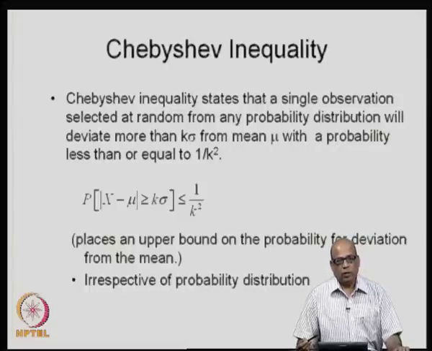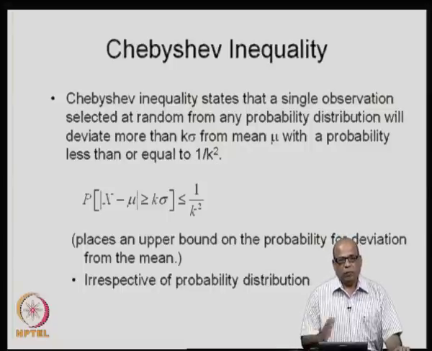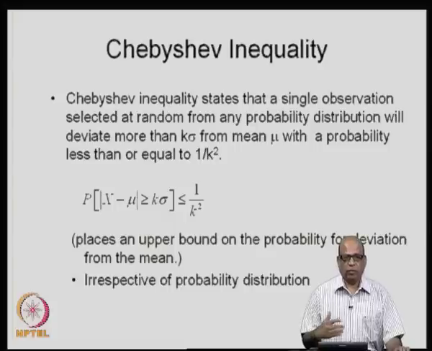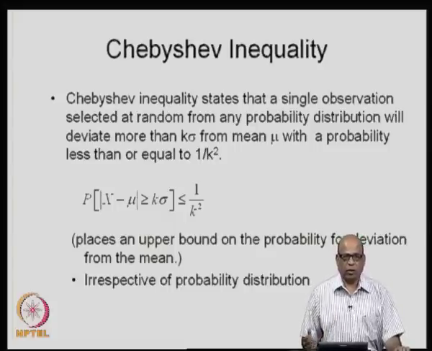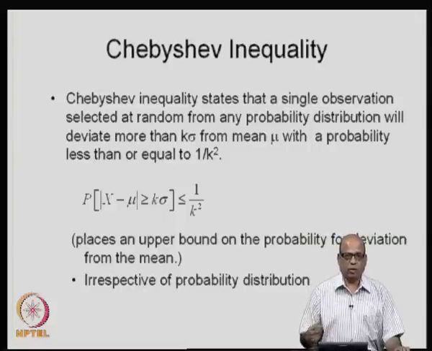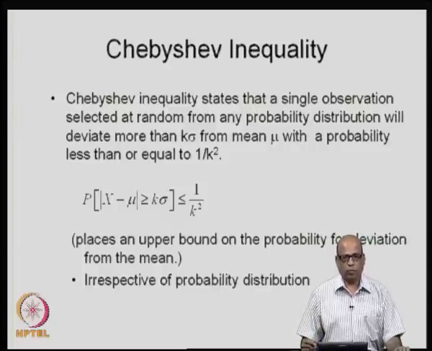Now, we come to an interesting result called the Chebyshev inequality. See, what we did just now is to estimate the parameters. So, we had a probability density function given, and then we were estimating the parameters. Now, once we estimate the parameters for a given sample, you have the complete description of the probability density function, and therefore, the CDF, the cumulative distribution function, in place, and then you can talk about various probabilities.